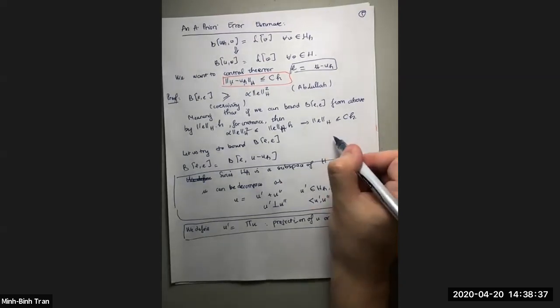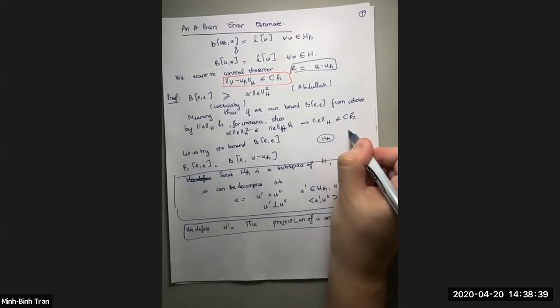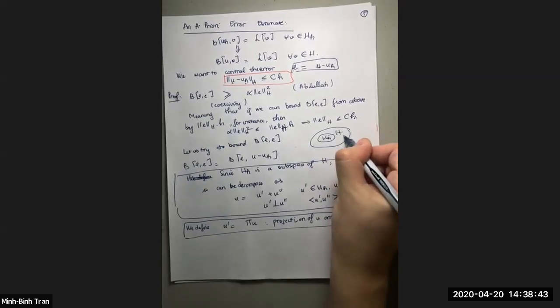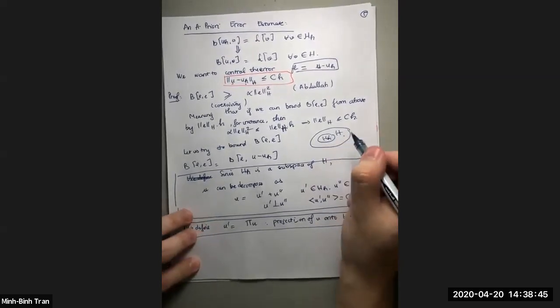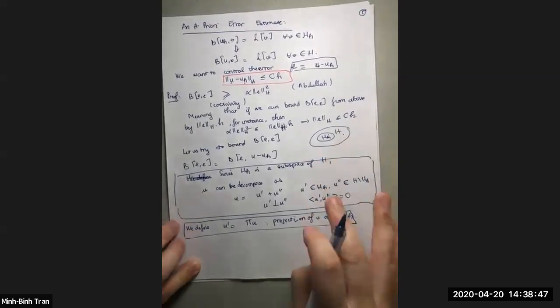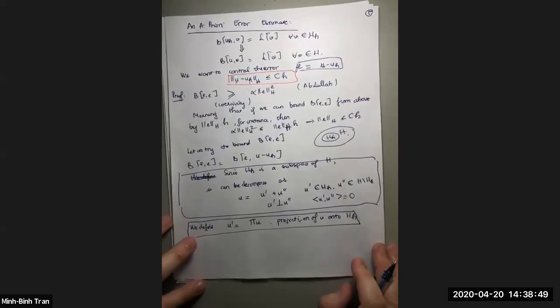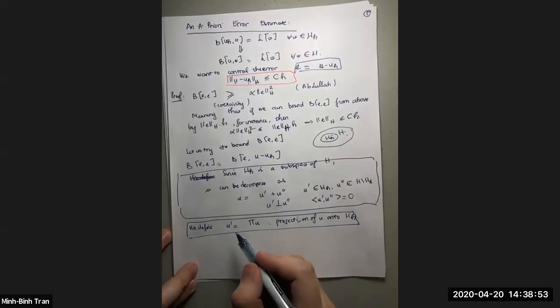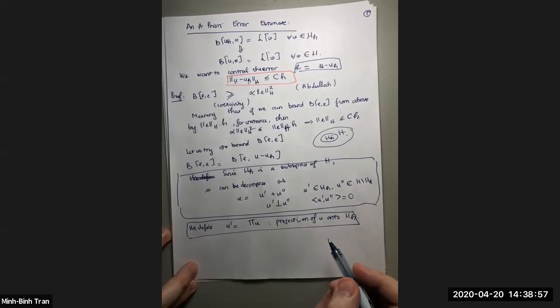This is standard because you decompose one part here and one part there, and the two vectors have to be orthogonal because we are in a Hilbert space. Now this U prime, I call it the projection of U onto this finite dimensional space HS. All right, good.